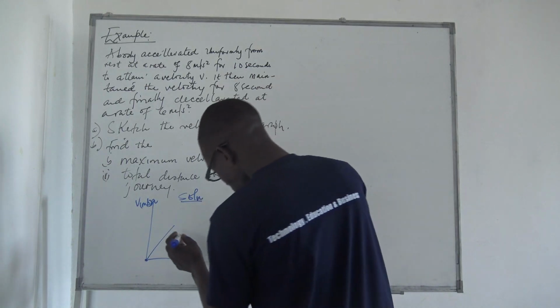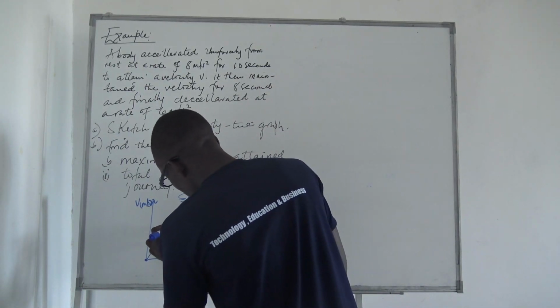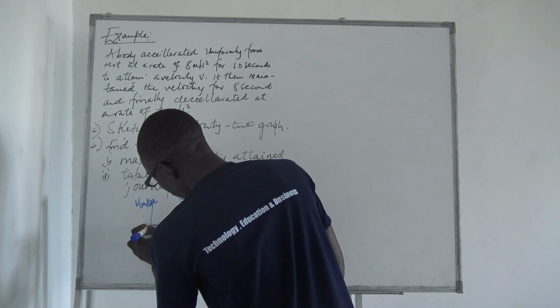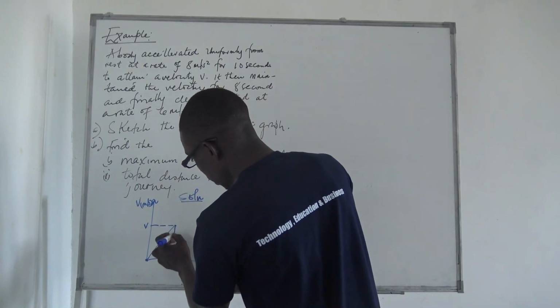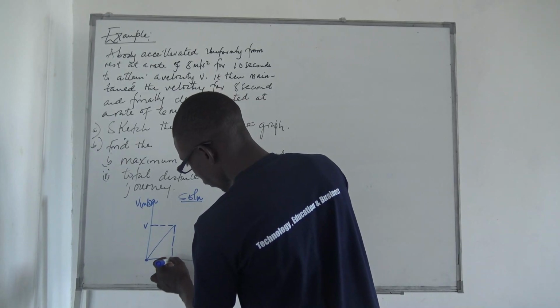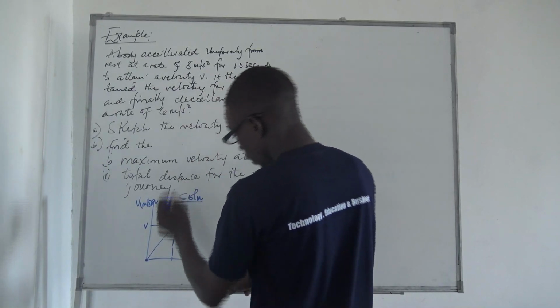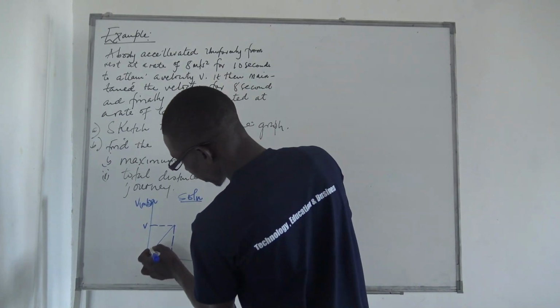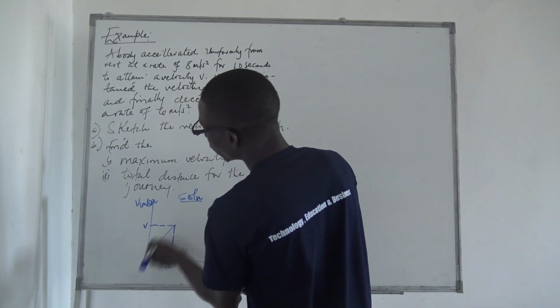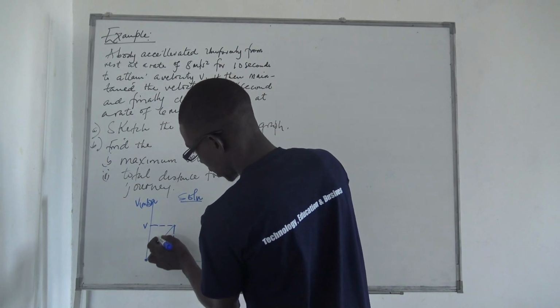And now this body, after reaching that point, it had a velocity v. The time was 10, and the acceleration here, the slope, was 8.